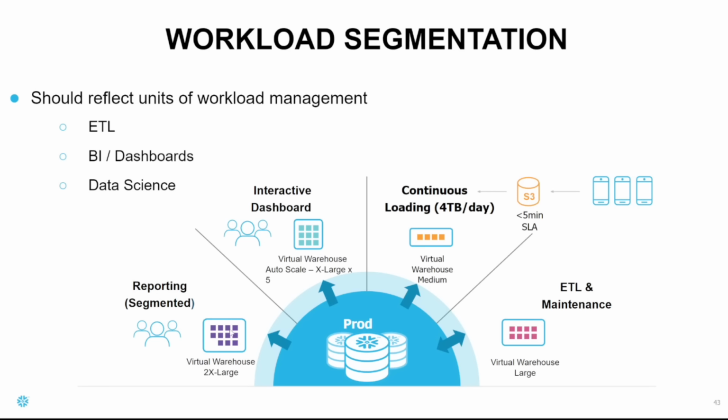For each of these activities, you could create different warehouses based on your use case and the capacity at which you want to execute. Your data is coming from a single location, but you will have different processes with different sizes of warehouse running on top of it, so that the work of one team is not impacted by what the other team is doing. This is how workload segmentation happens in Snowflake.